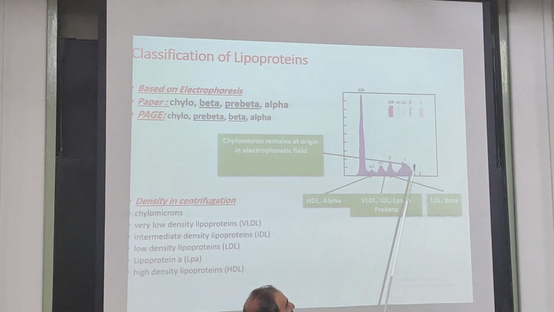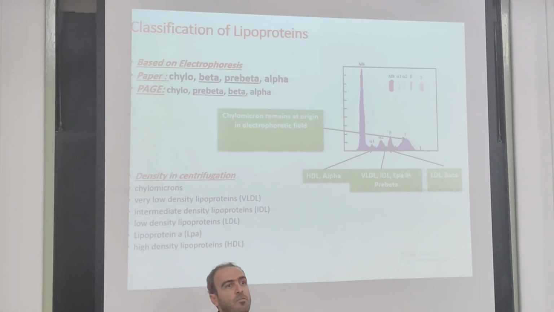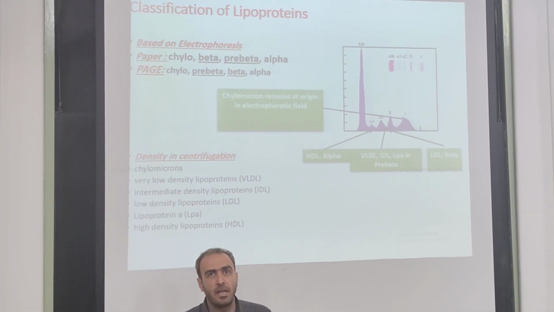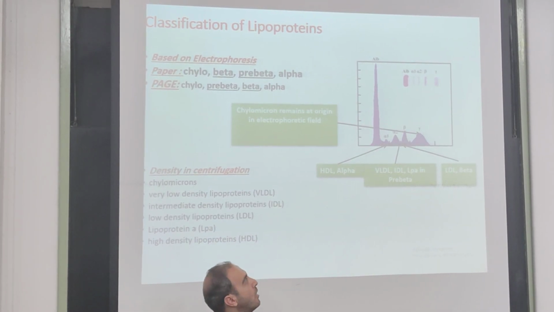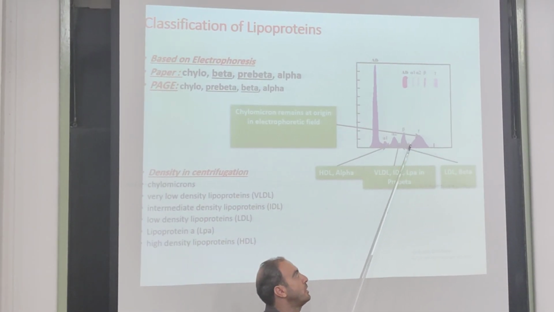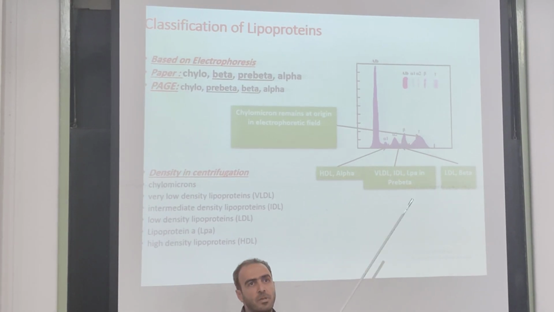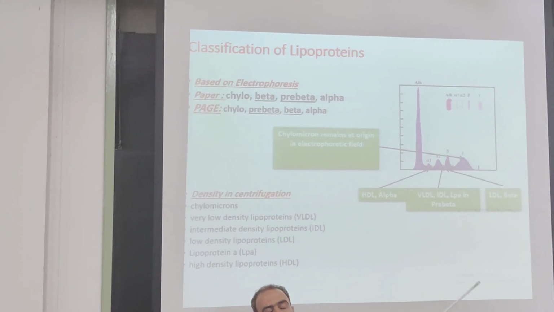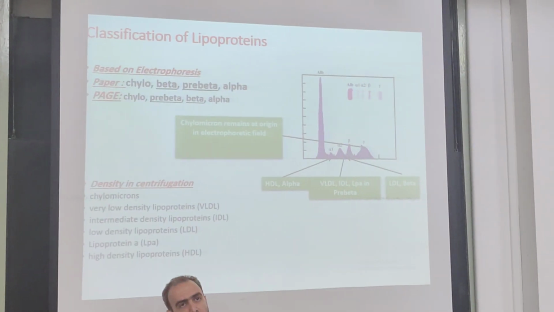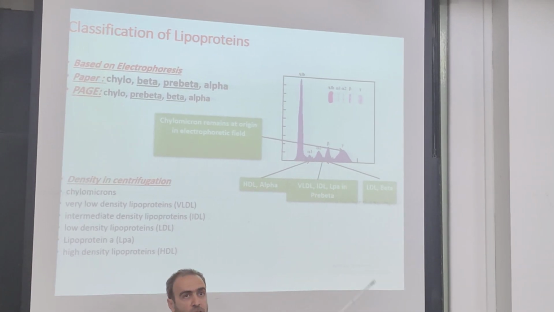This is a view of the electrophoresis of plasma protein. As a medical doctor in the future, you will see a lot related to this figure. A lot of diseases, for example, nephrotic syndrome, some kinds of renal dysfunction, liver dysfunction can be detected by the amount of this protein.